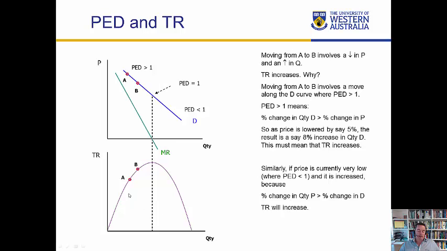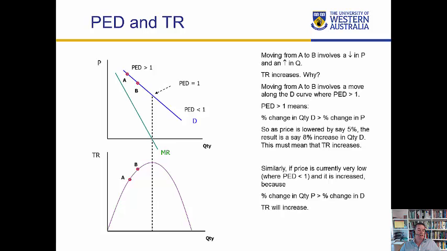But just to help you along, let's consider moving from point A to B on the demand curve up here. As we move from A to B, the only way we can do it is to lower price. And when we lower price, quantity demanded will increase. But high up on the demand curve, the price elasticity of demand is actually greater than 1. So when you lower the price and the price elasticity of demand is greater than 1, you get a very responsive, or elastic, increase in quantity demanded.